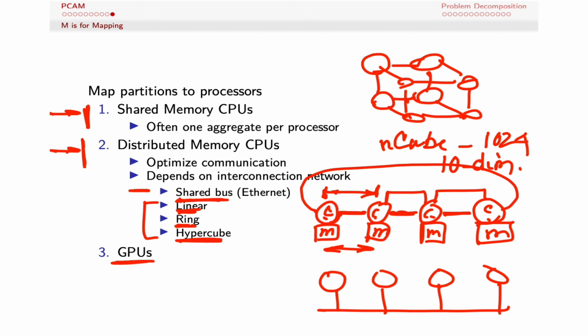We're going to unpack that in more detail when we turn to the GPU portion of the course. The same kinds of issues arise, but they're a little more complex to tease out because the memory and processor architecture is more complex than just having access to all of memory in a shared memory machine, or access to only your own memory in a distributed memory machine.